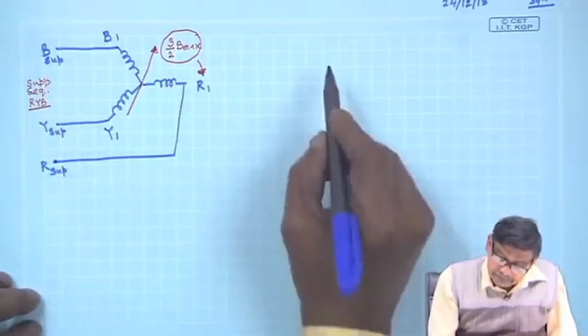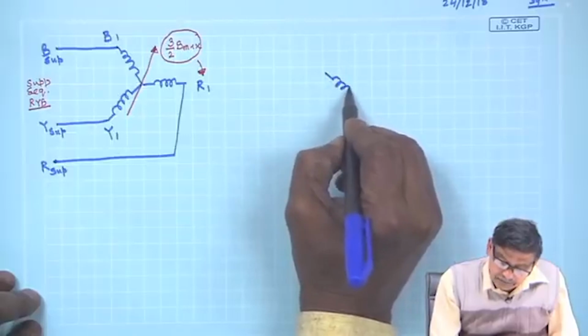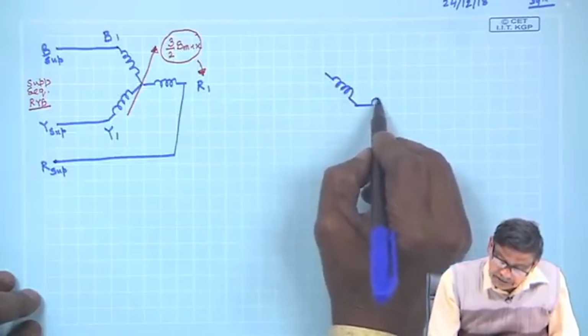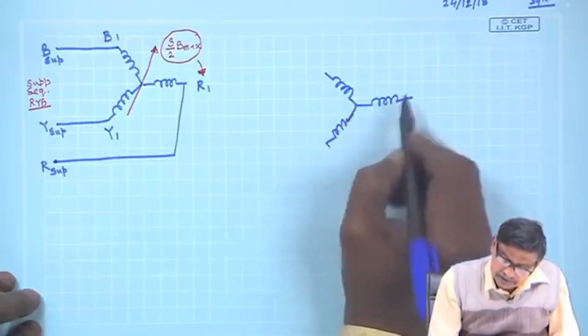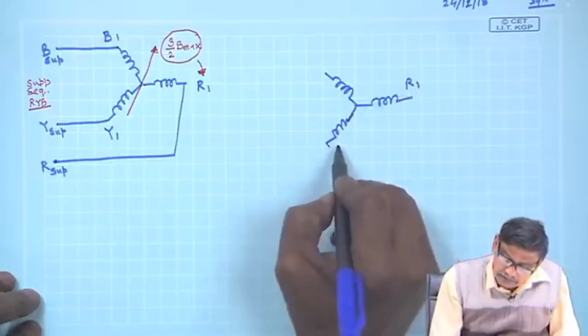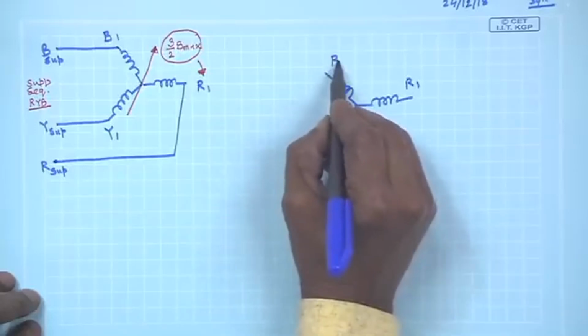If the same machine you do it like this, suppose the winding I am not disturbing, whatever it is there, it was marked R1, Y1, B1.